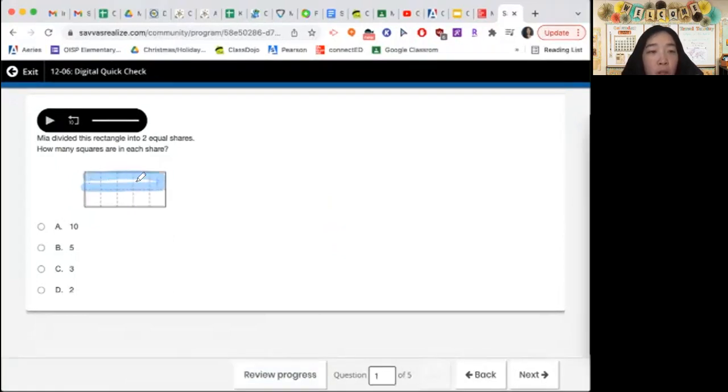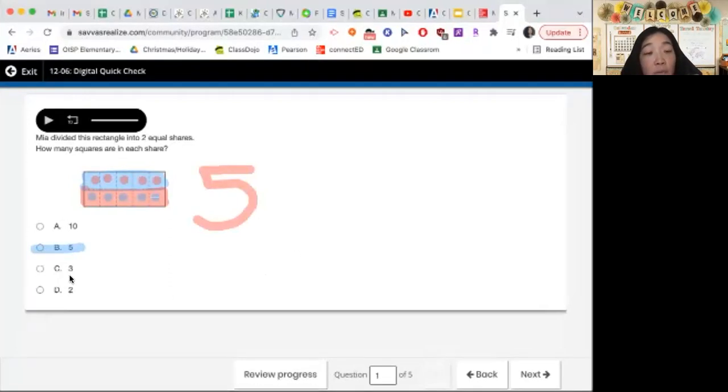This one would be Mia's piece, and this one could be her friend's piece. How many squares does each get? 1, 2, 3, 4, 5 for Mia, and 1, 2, 3, 4, 5 for her friend. So you would say 5 pieces.